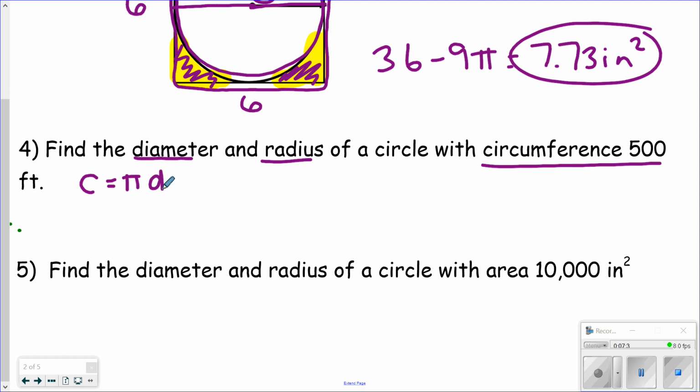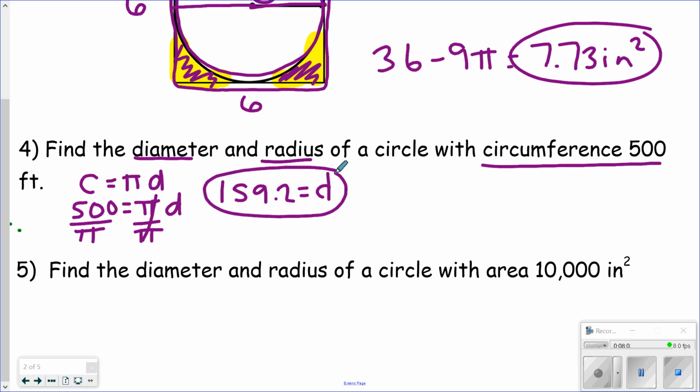If we know that the circumference is 500, and that is equal to pi times the diameter, I can find the diameter by dividing by pi on each side. So 500 divided by pi, if you plug that in your calculator, we get approximately 159.2. That would be our diameter.